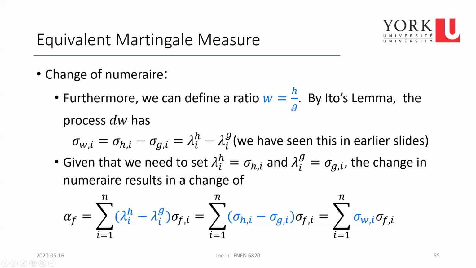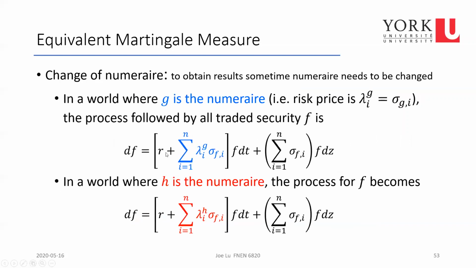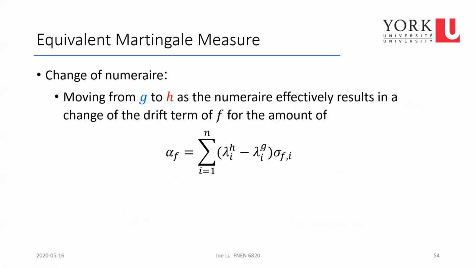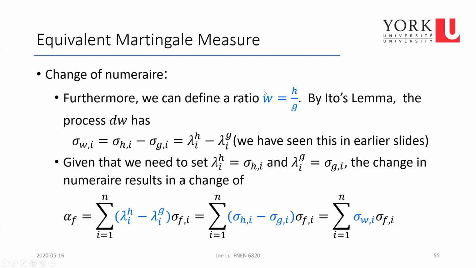So what do we do? Basically, if initially you have a process like this, where G is the numeraire asset. Now you want to switch to H. Okay, so define W, a new variable, which is equal to H divided by G. And you can see that by Ito's lemma, dW, if you just look at the random innovation part, the volatility of dW will have this form here.